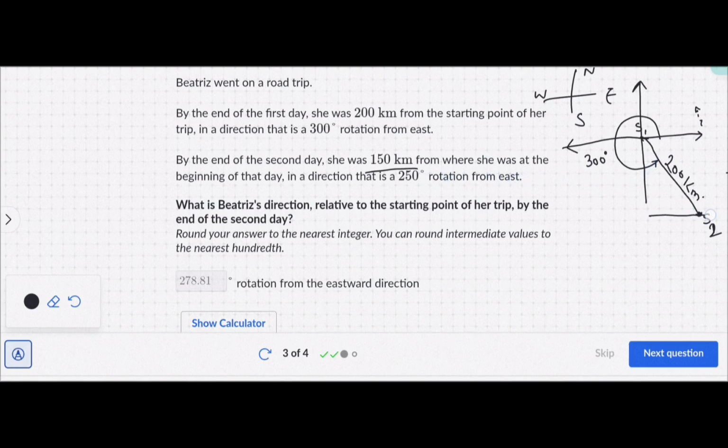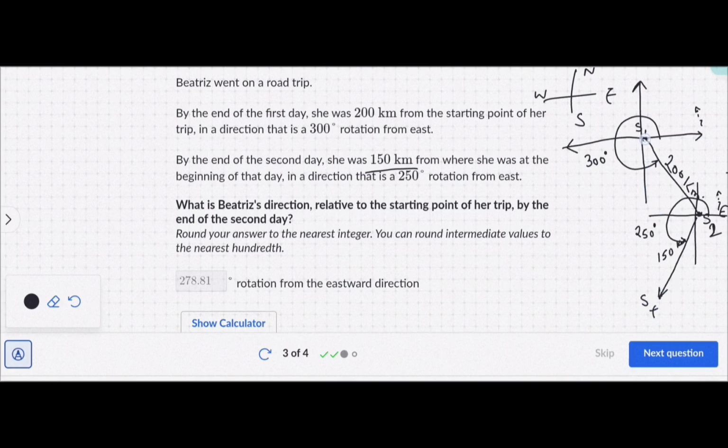So again we have to consider another coordinate system. Let's say this is east, the I cap direction. So she was 150 kilometers, and this direction again is 250 degrees. This is the final.